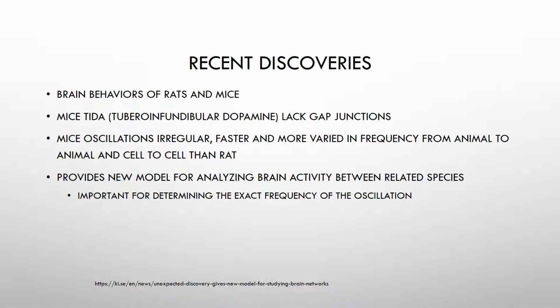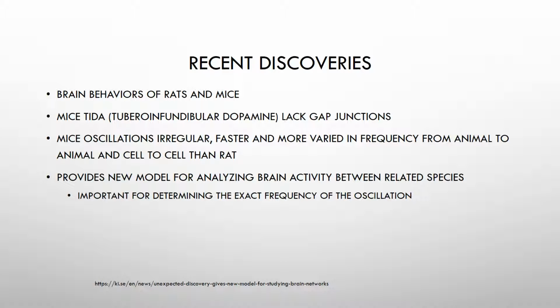After conducting research, this group found out that mice have tighter gap junctions, and they discovered this because they noticed that mice oscillations were irregular, faster, and more varied in frequency from animal to animal and cell to cell than a rat. And because of that, it provides a new model for analyzing brain activity between related species.